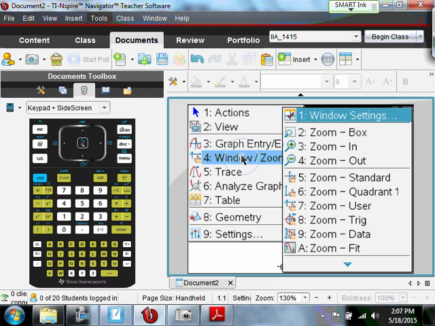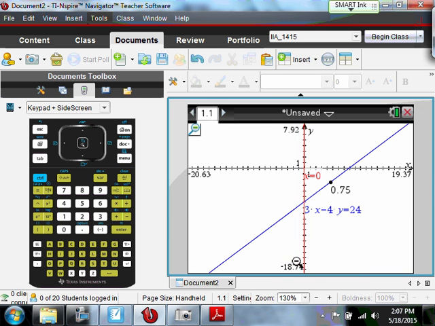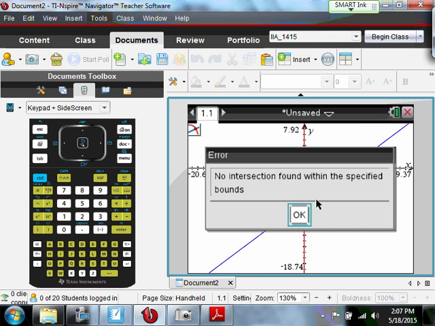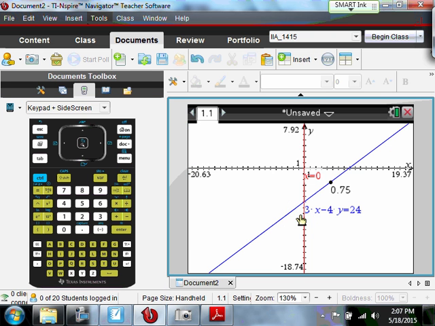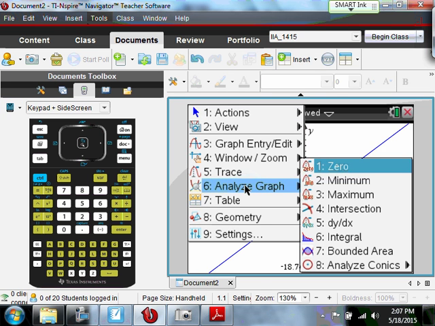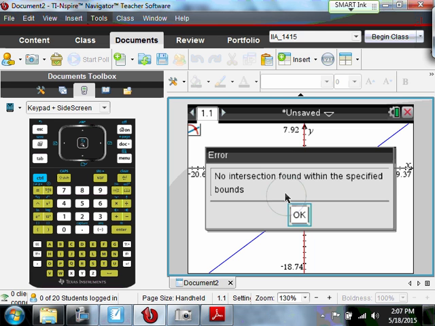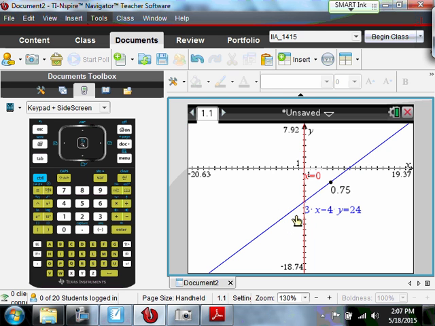But maybe we need to get this viewing window a little better. Menu, window, let's zoom out from here. And now we'll use our analyze and we'll find the intersection. And so our y-intercept, oh, menu, analyze, intersection, first corner, okay, here, second corner here, no intersection found within the specified bounds.